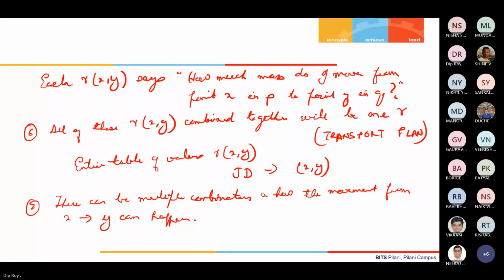We can just think about it intuitively. We can split the mass in many ways, right?